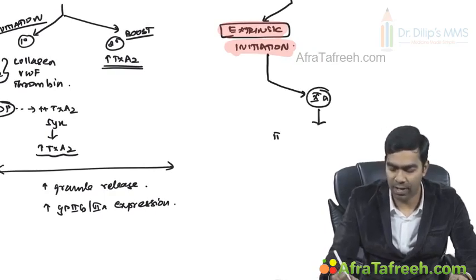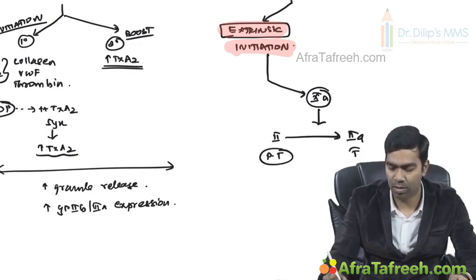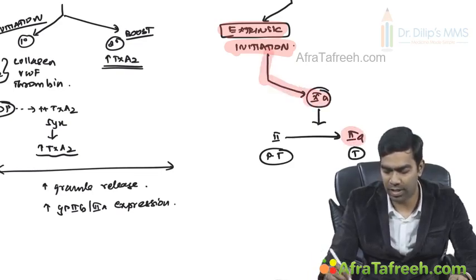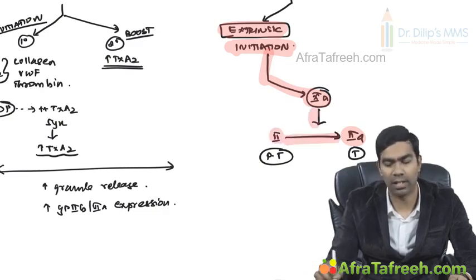This factor 10, very important, activates a very important substance, converting prothrombin to thrombin. So let us put this red shade on everything, because these are all extrinsic pathway related things.